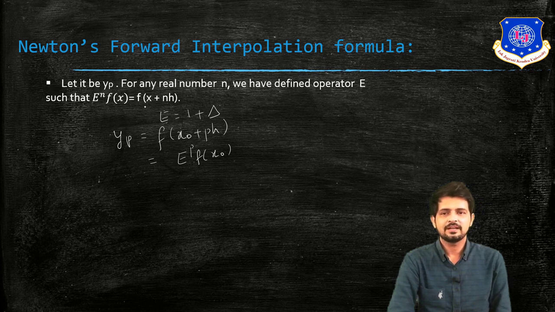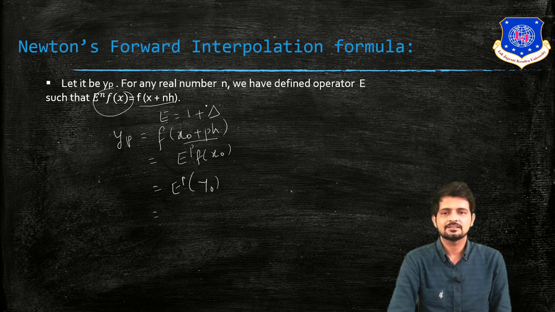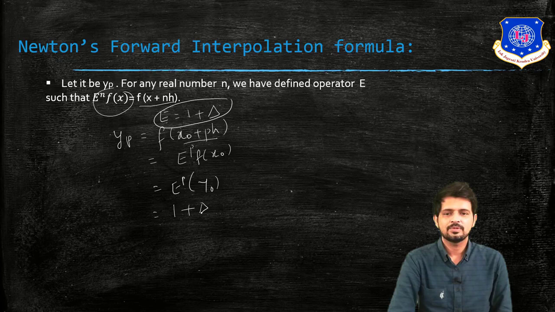Because if I am writing f of x plus nh, it is E raised to n f of x. Similarly, f of x0 plus ph will be E raised to p f of x0. Now what is f of x0? f of x0 is equal to y0. Now the relationship between E and del is this. So I am writing here 1 plus del raised to p into y0.